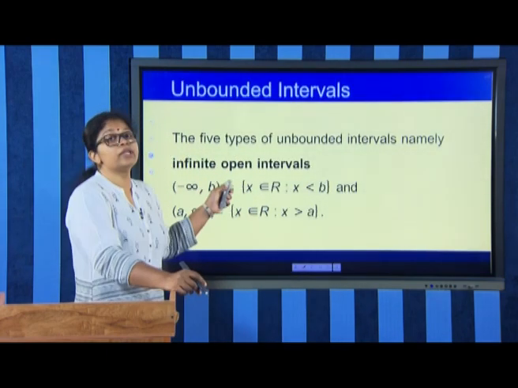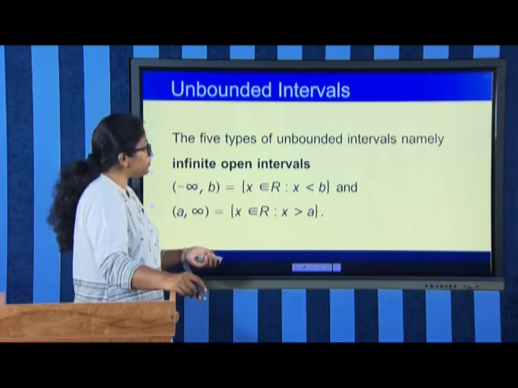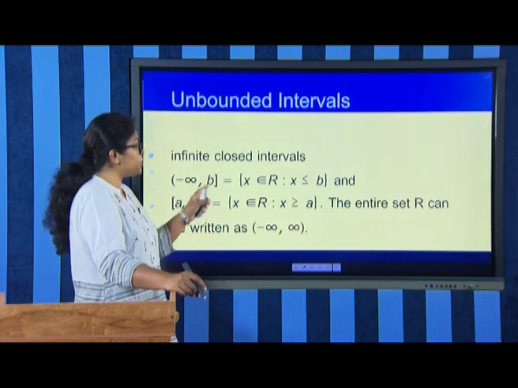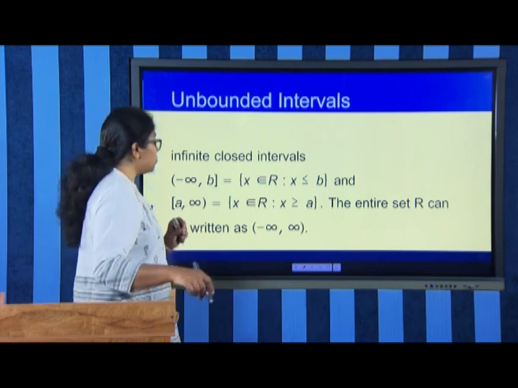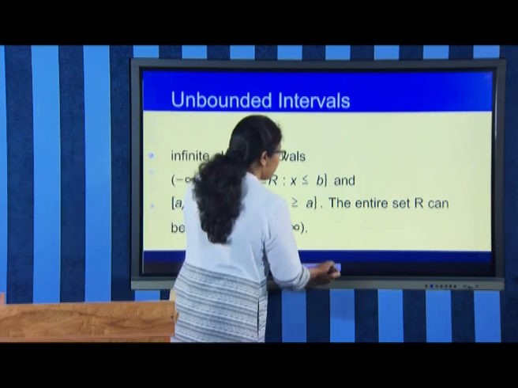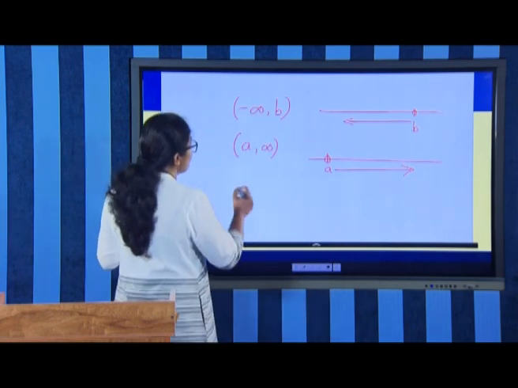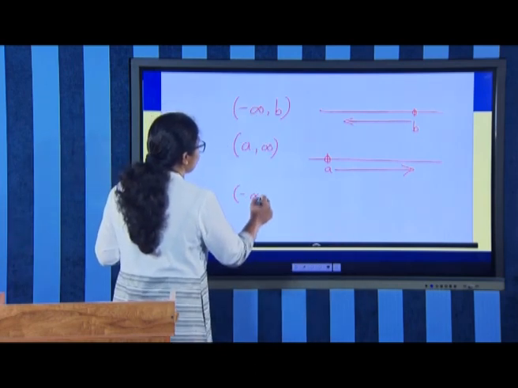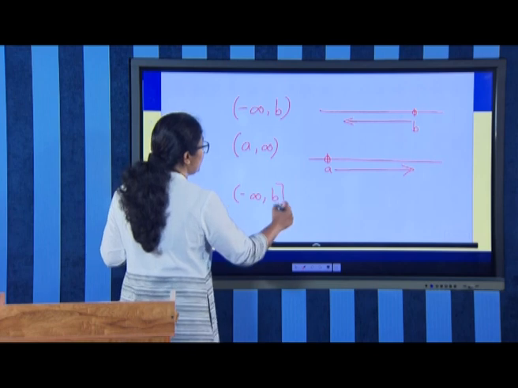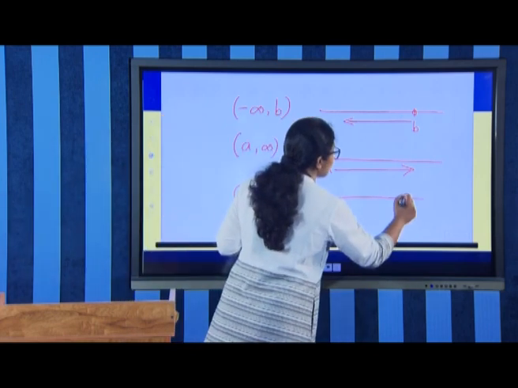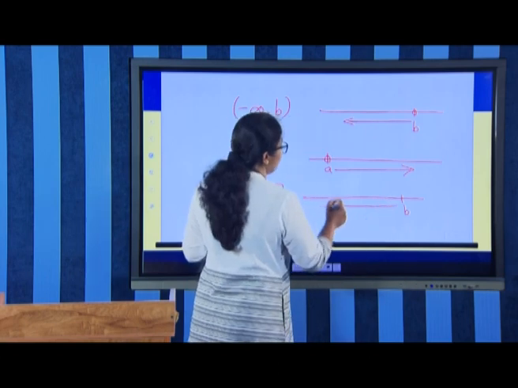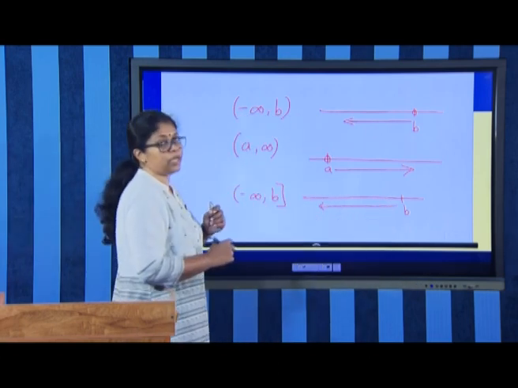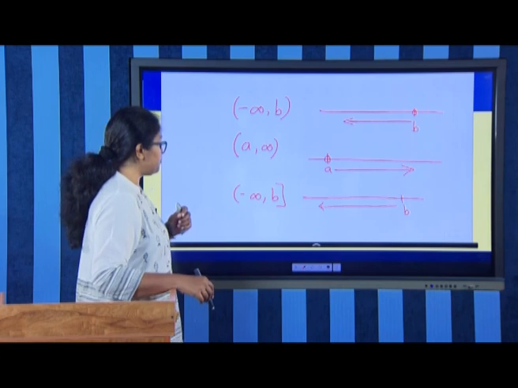Now, these are infinite open intervals. So, what are infinite closed intervals, which include the supremum and the infimum? Again, if we visualize it, we can see that the interval from negative infinity to closed b contains all the points starting from negative infinity up to b. This is the region which is considered.